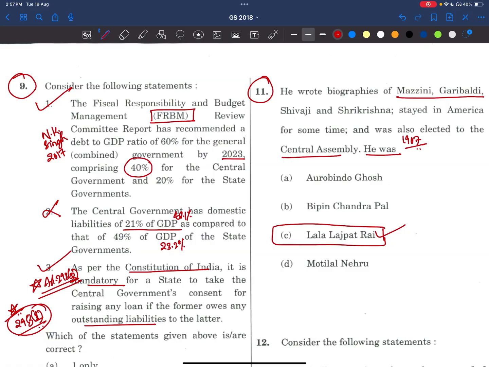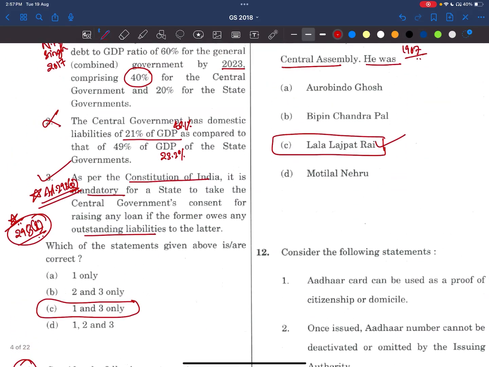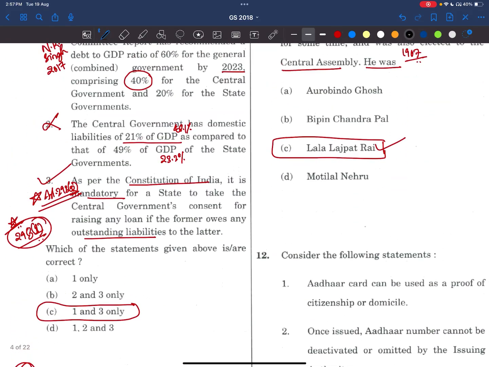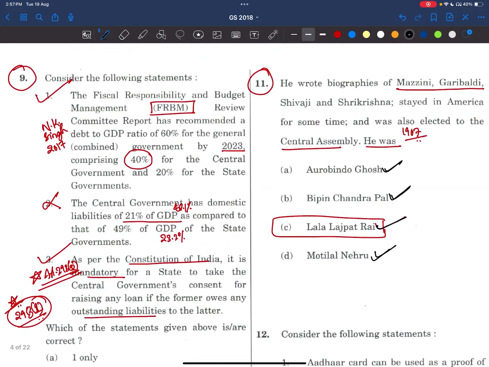Of course, UPSC has given the answer as Lala Lajpat Rai. We came to know about Lala Lajpat Rai, and there are 3 other personalities given in the options. So we need to know the things which these people have done. He's asking about biographies, so what are the books written by these people?